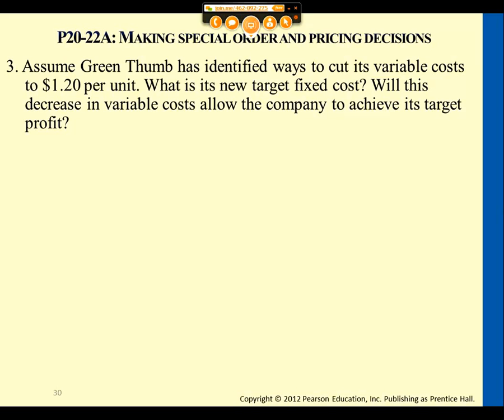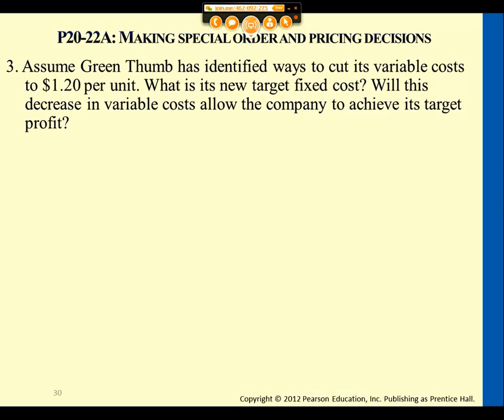So what's my variable cost? You do the 1.20 times 470,000.